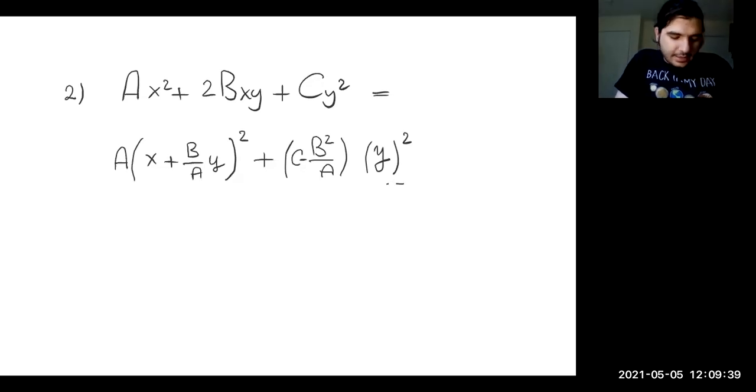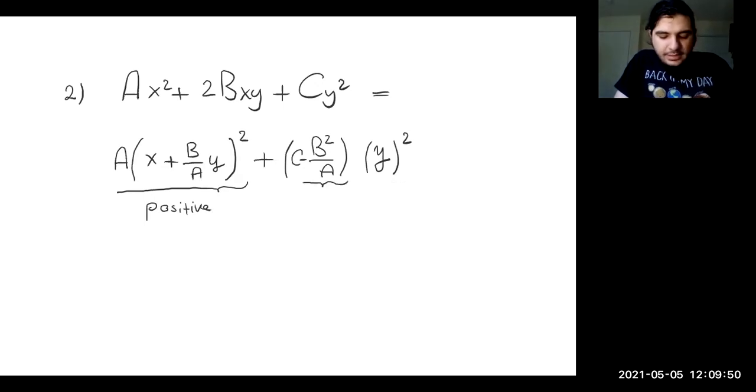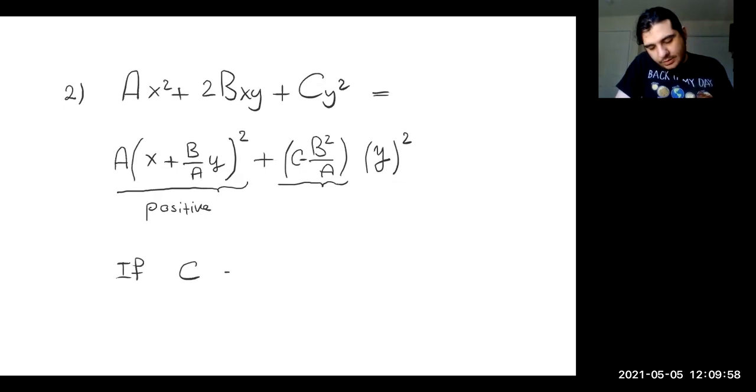So we want this thing to be positive. And we already know this is positive. So if this part is positive, then everything's good. So if c minus b squared over a is positive, then Q is positive definite.